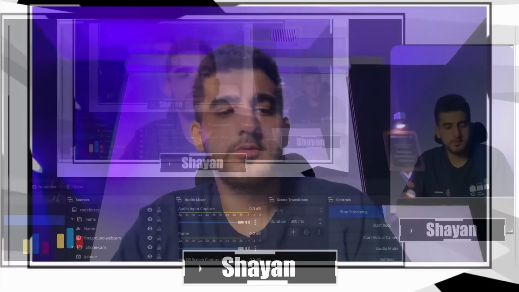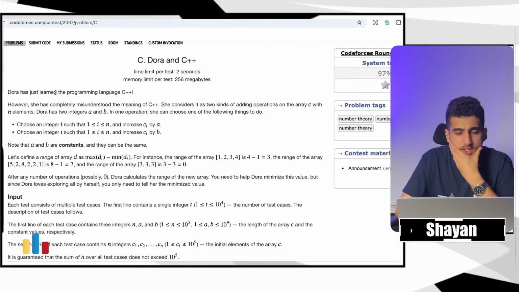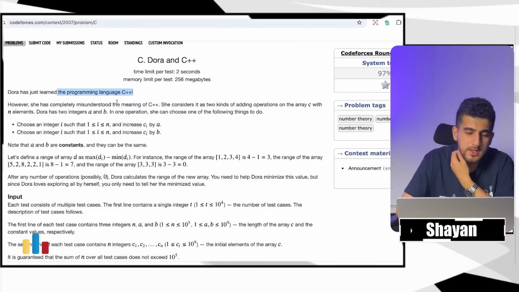Okay, so problem C states that Dora has just learned the programming language C++. She did not completely understand the meaning of C++.